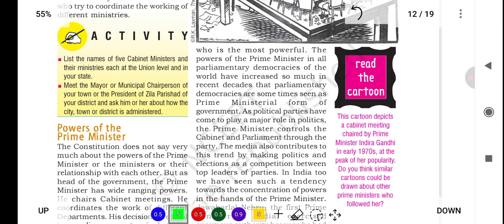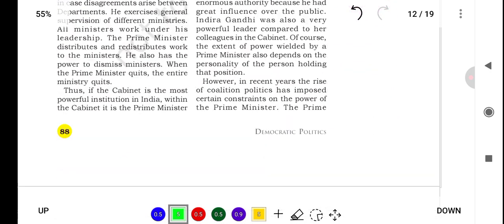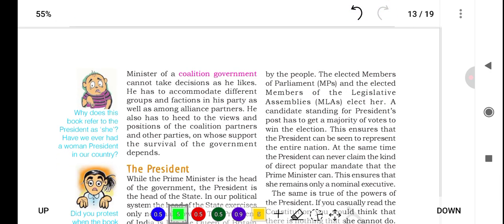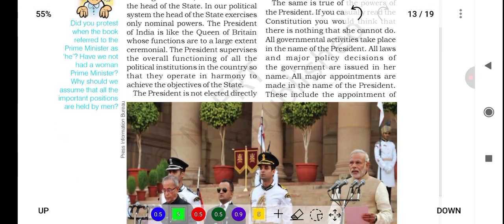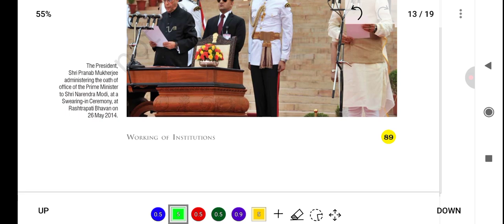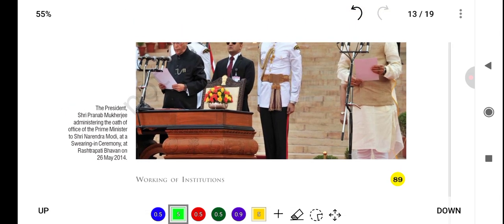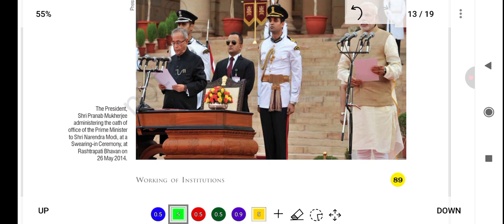I'll leave it to you guys to decide what could be the answer. Power of the Prime Minister. Then coalition government, the President. I think our current President is Smt. Draupadi Murmu, and PM is Shri Narendra Modi.